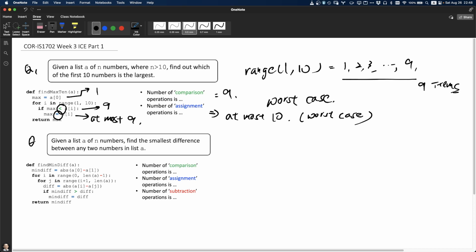Then we can look at question number 2. This is a very typical type of question you will encounter when you try to quantify the complexity of real code. The difficulty in analyzing this kind of question is that you have two for loops, the outer loop and the inner loop.